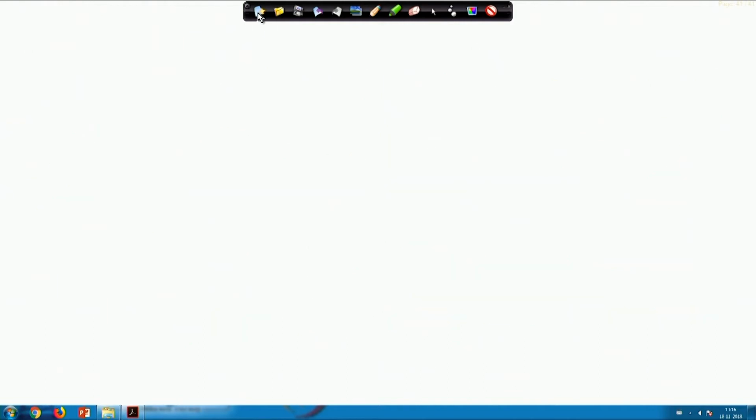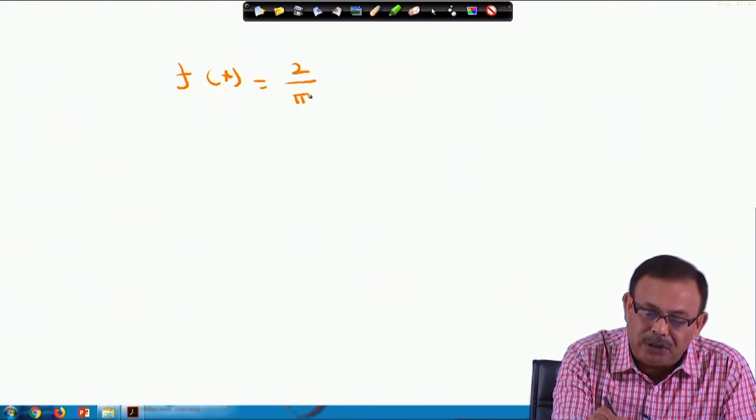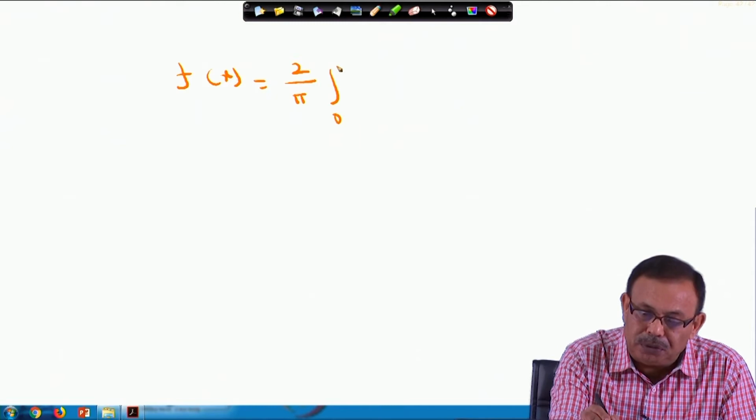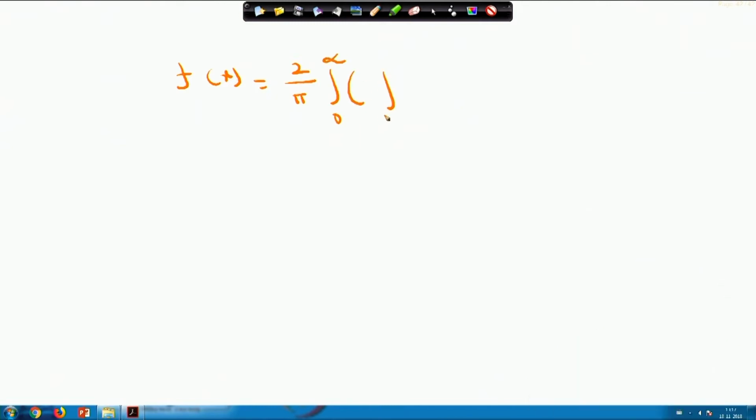Similarly, if you consider equation 9, I am writing it again: 2 by pi, integral from 0 to infinity of f(t) sin(alpha t) dt, into sin(alpha x) d alpha. This is your equation 9. We can write the following from here.